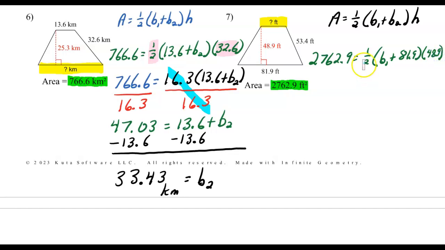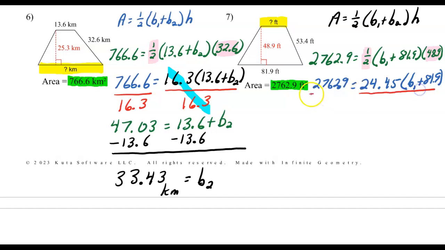Again, I'm just going to type in my calculator 1/2 times 48.9, so 0.5 times 48.9. Doing that on my calculator, I get 24.45 times base 1 plus 81.9. And that's equal to 2,762.9.